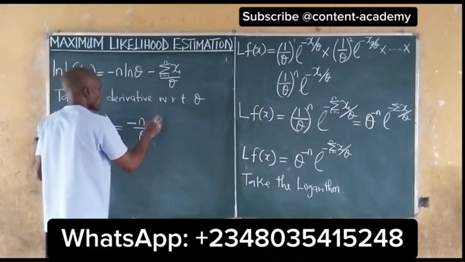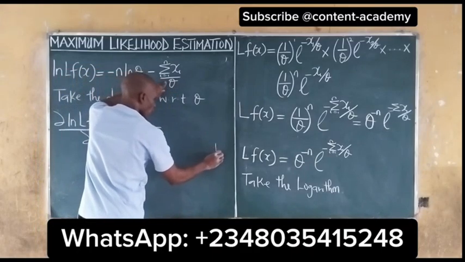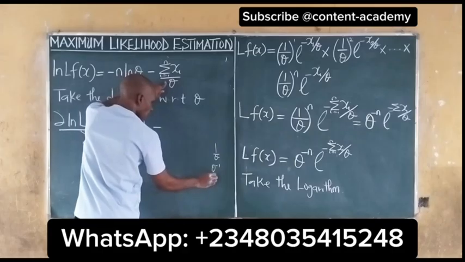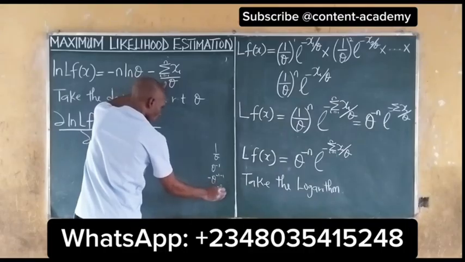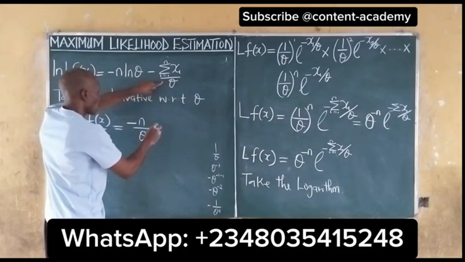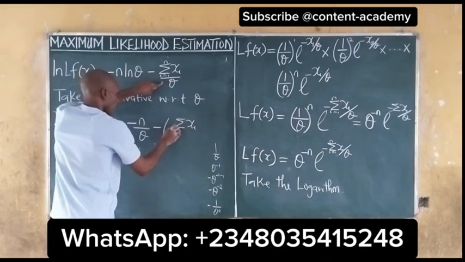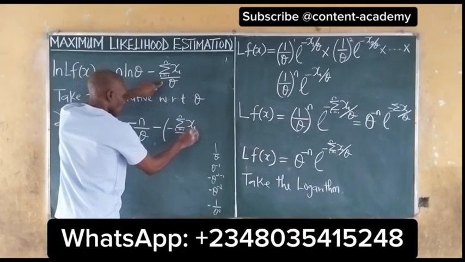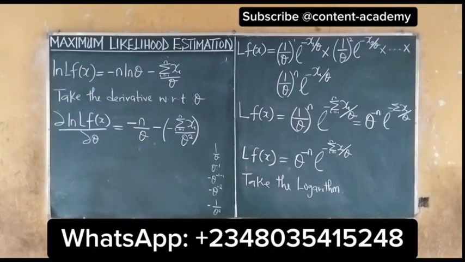For the second term, we have 1 over theta, which is theta to the negative 1. If we take the derivative, we have negative theta to the negative 2, which is negative 1 over theta squared. So we'll have negative summation of xi as i running from 1 to n over theta squared. So this is what we get.